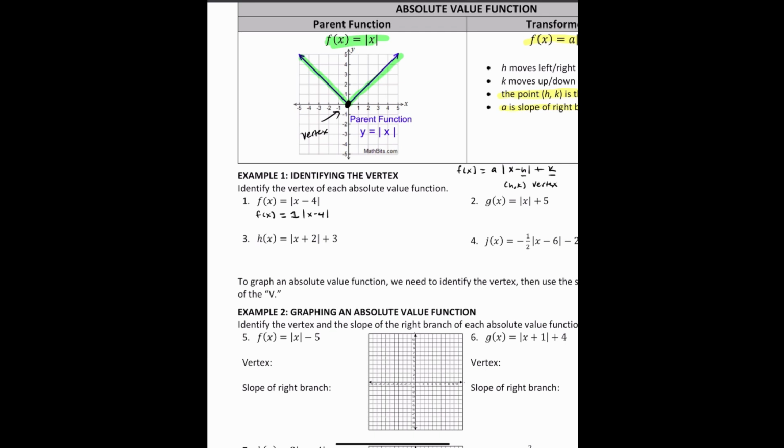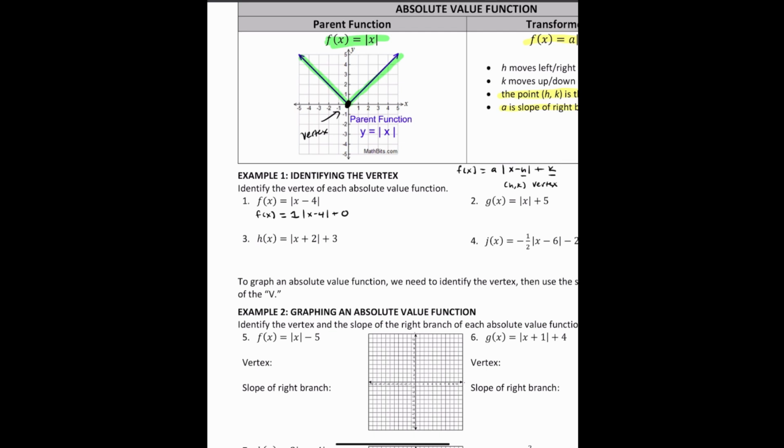And then since there's nothing after the absolute value expression, we can assume that we're adding 0. Look, I have my x minus h plus k. And again, I'm just comparing this function to the transform function and rewriting it so it looks very, very similar. All right?